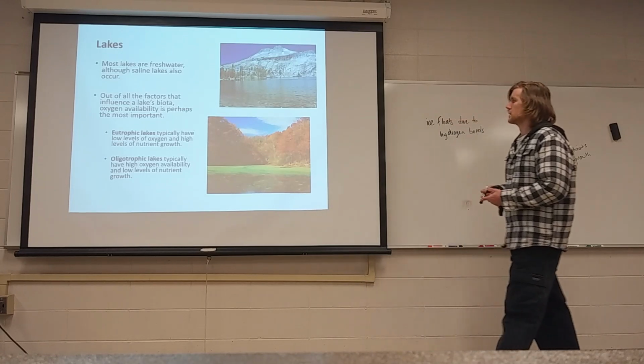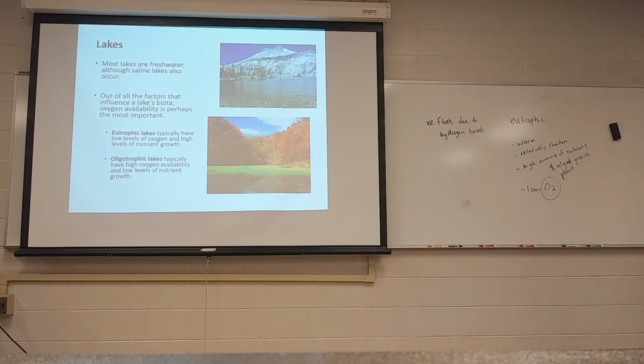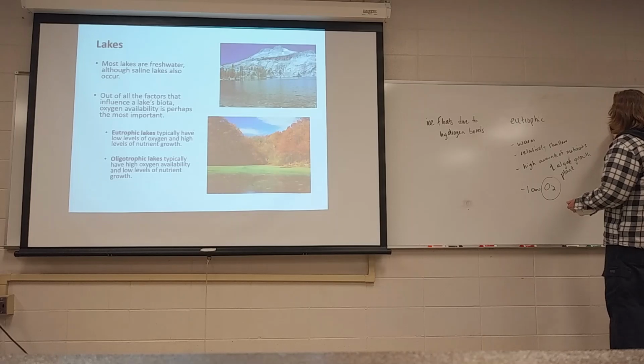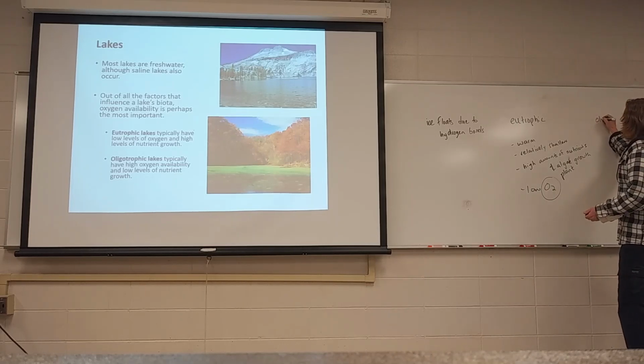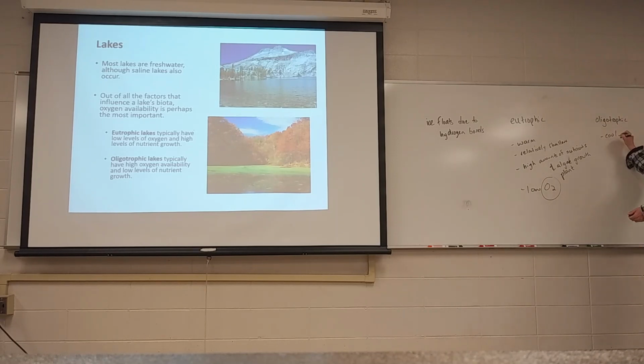The other type would be oligotrophic lakes. So oligotrophic are in many ways the opposite of eutrophic, as you might guess. These tend to be cold, deep, with low amounts of nutrients. Not much plant growth or algae, which means lots of oxygen available.